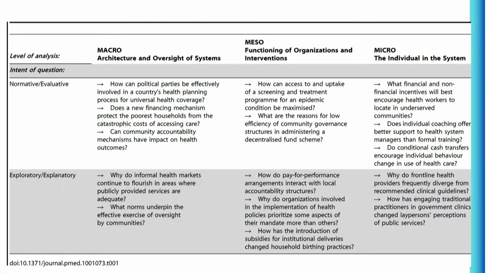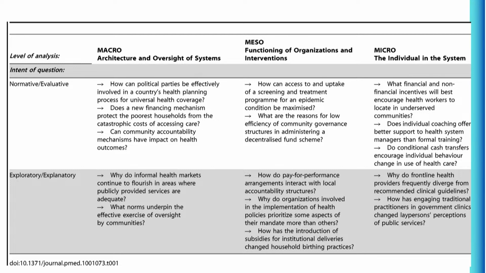It's intended to protect against catastrophic costs. And so your question is an evaluative question, because you say, in the ideal scenario, my new financing mechanism is going to reduce the number of people who are spending out of pocket. And my research is going to look at whether this is actually the case, under what circumstances it is the case, and where it is not the case.